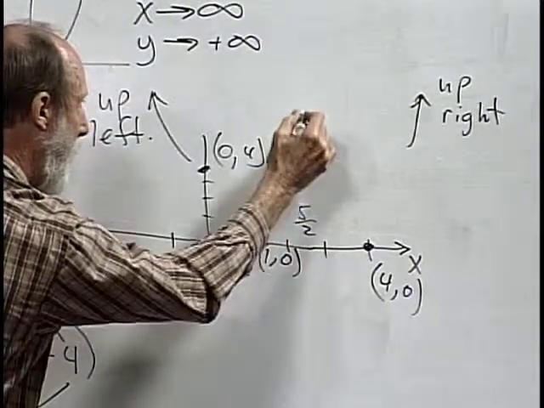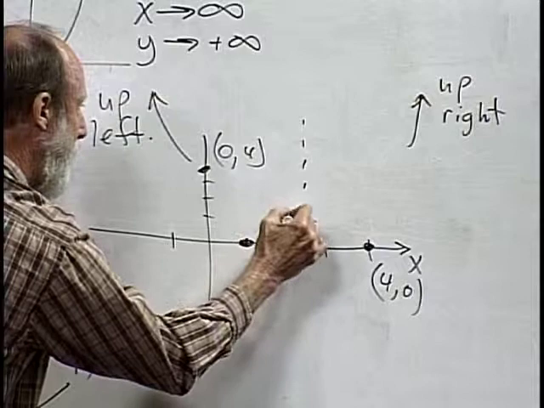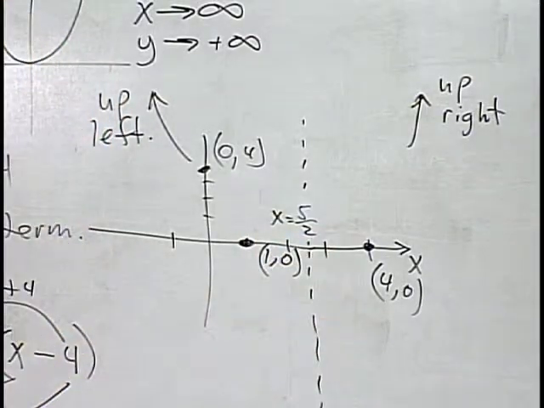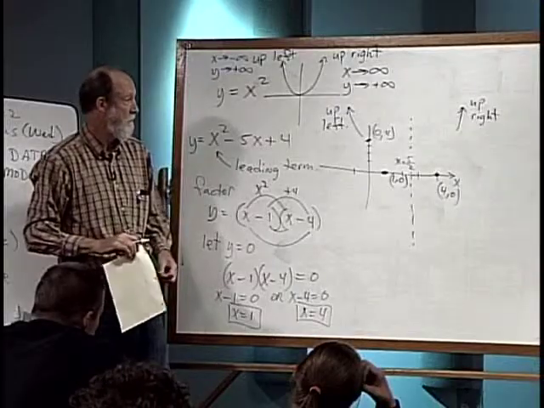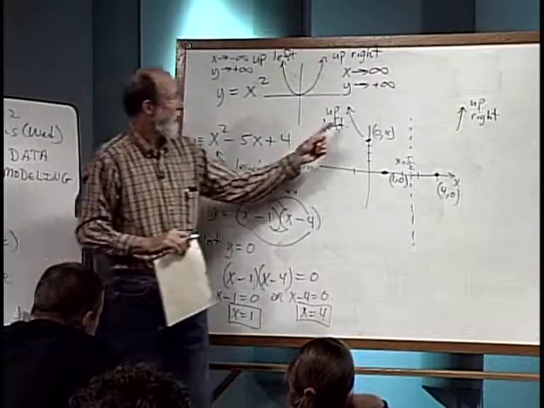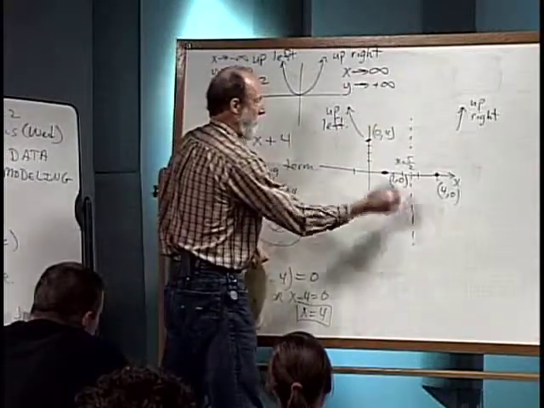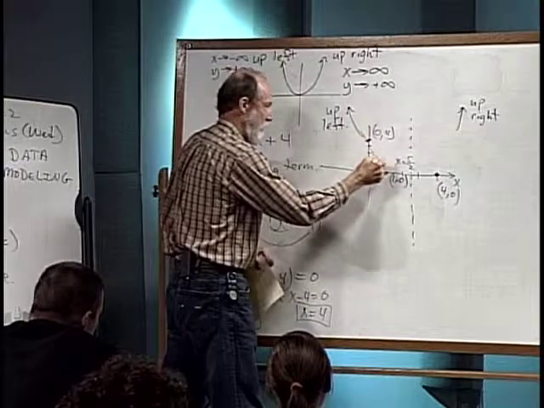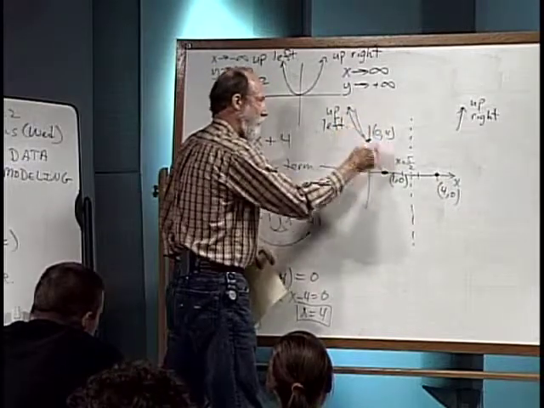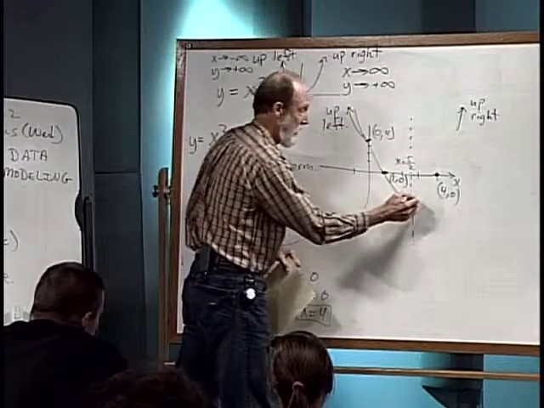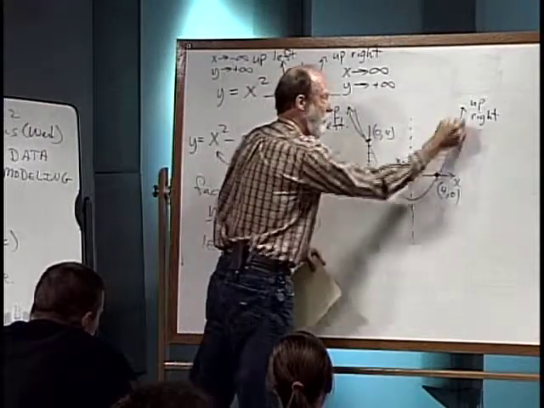So right there at x equals 5 halves is where the vertex is going to sit. And we know, since it's up left and up right behavior, that it's going to come down in a nice smooth arcing fashion and bottom out symmetrically, then sweep up to the right.